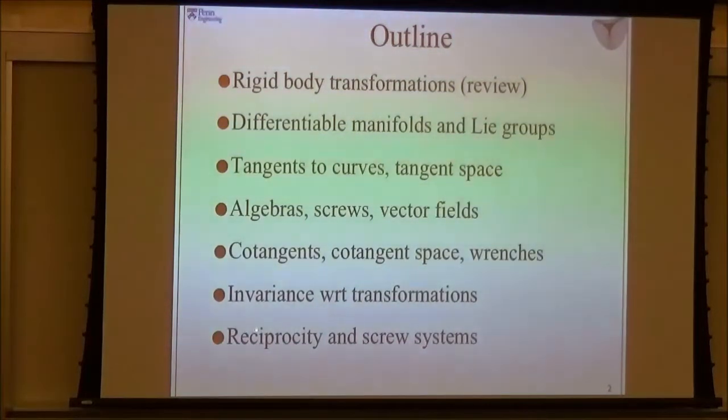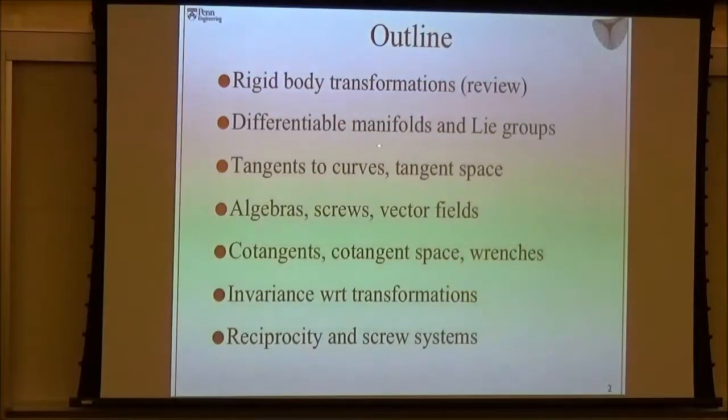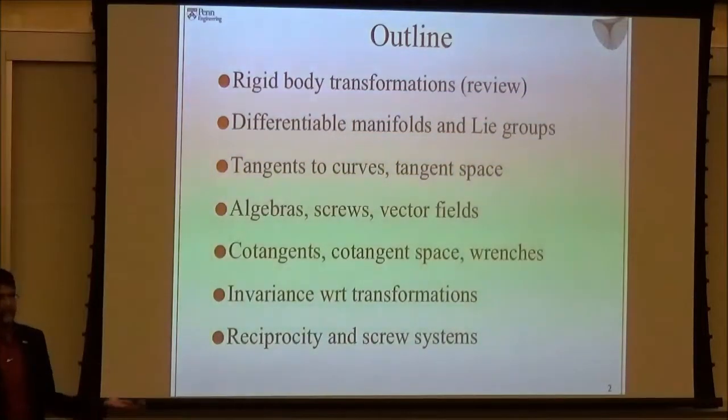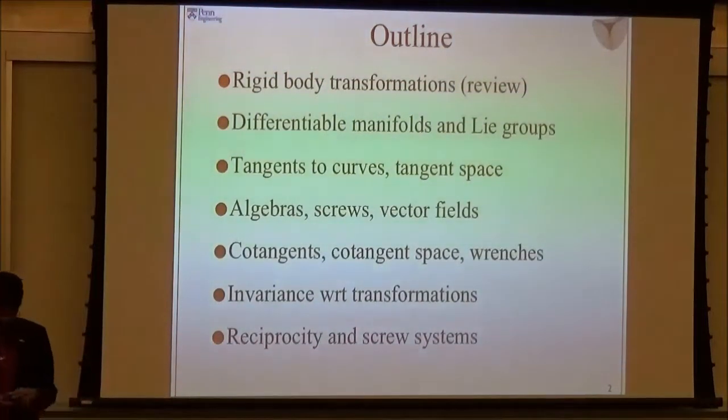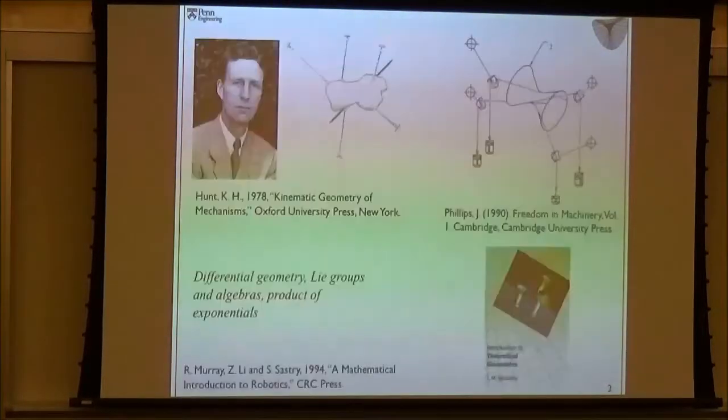Lastly, I want to talk about invariance issues. You've heard a little bit about reciprocity, but wrenches and twists are basically reciprocal, and I want to talk about that, and a classification of screw systems, and related to that, a classification of Lie algebras. So let's plunge right in.